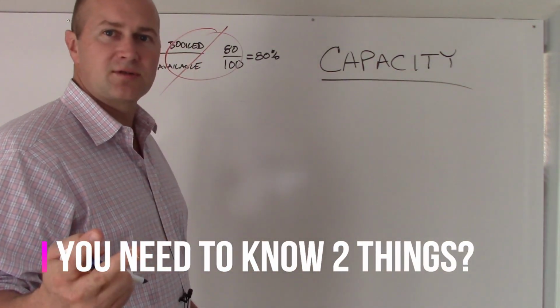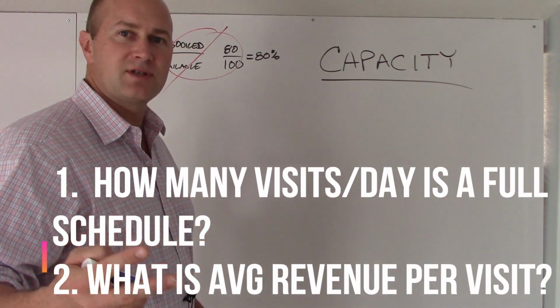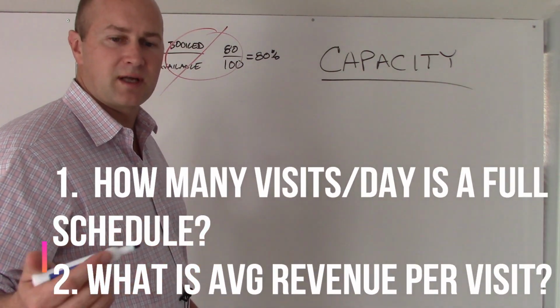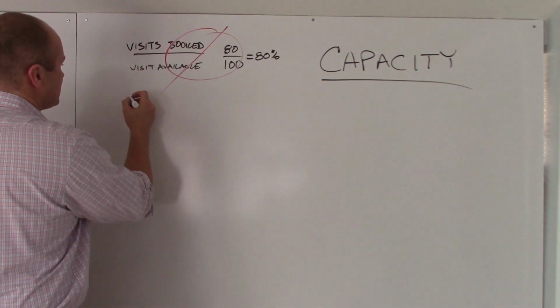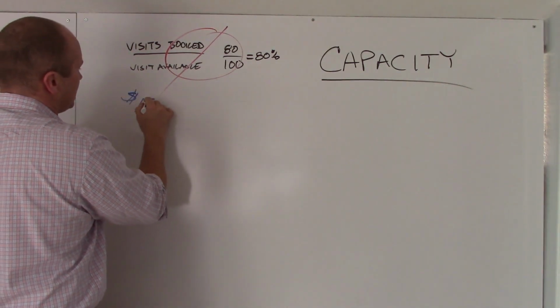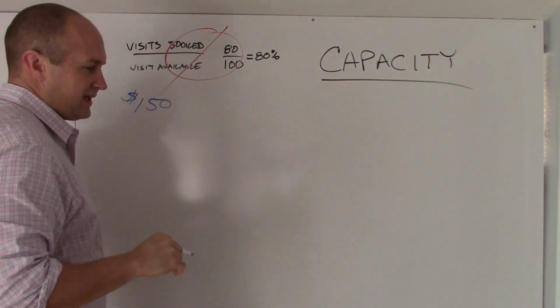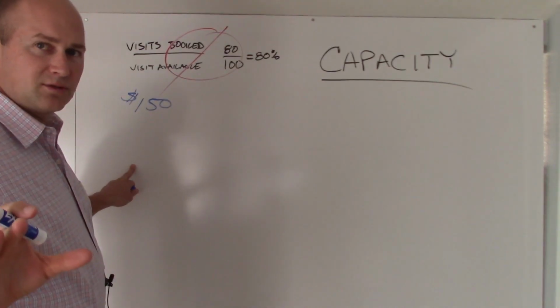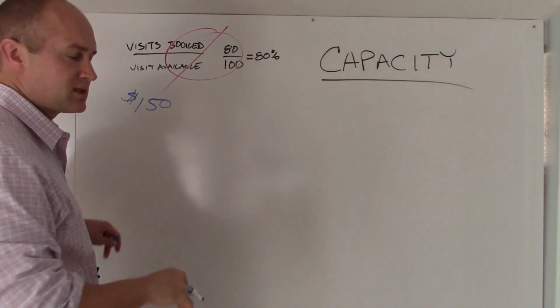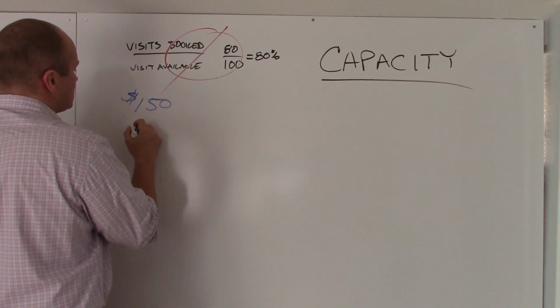What does a full schedule caseload look like? And how much is your revenue per visit? My average revenue per visit is $150, and a full patient schedule is 7 patients a day.